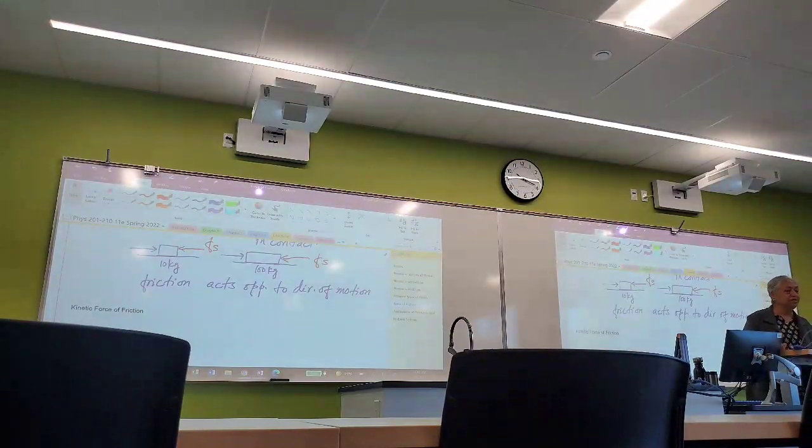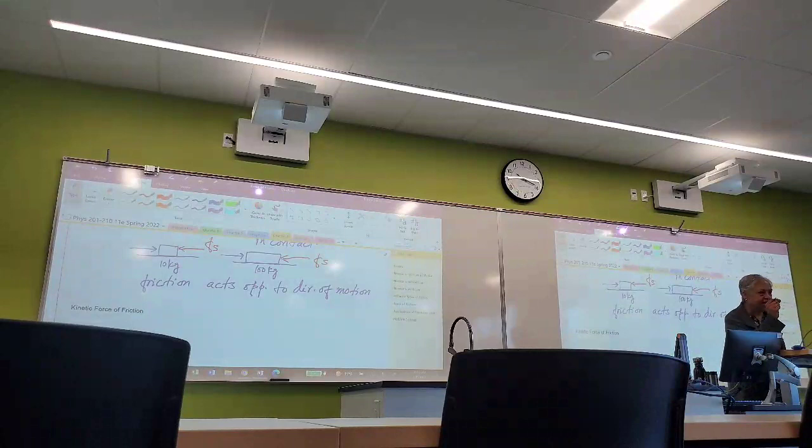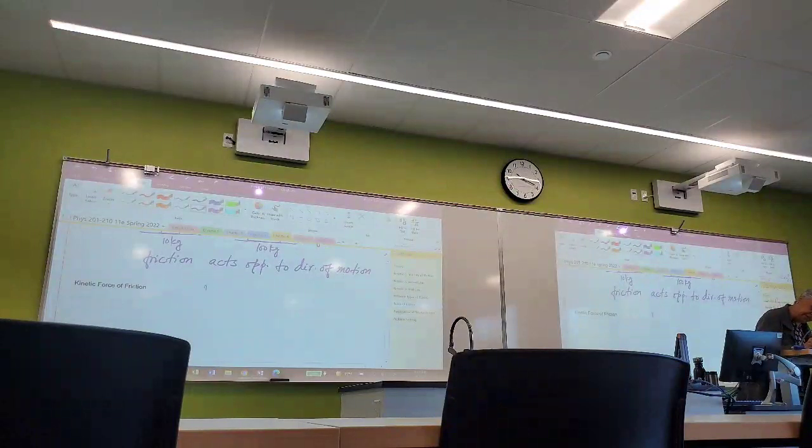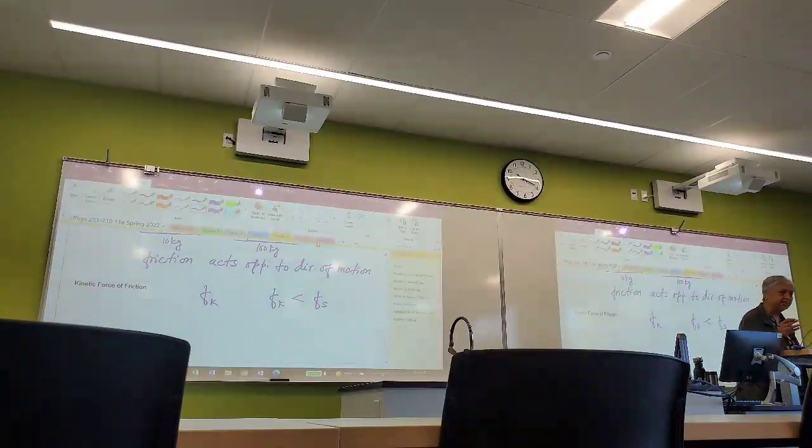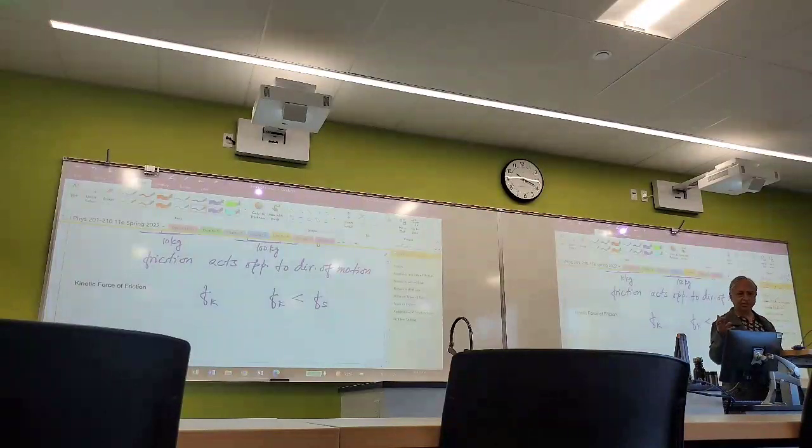Once it starts to move, you don't need that much force to keep it going, isn't it? Which means the kinetic force of friction is slightly less than the static force of friction. The kinetic force of friction is represented by Fk, and this Fk has to be always less than Fs because it does not take much to keep it going.